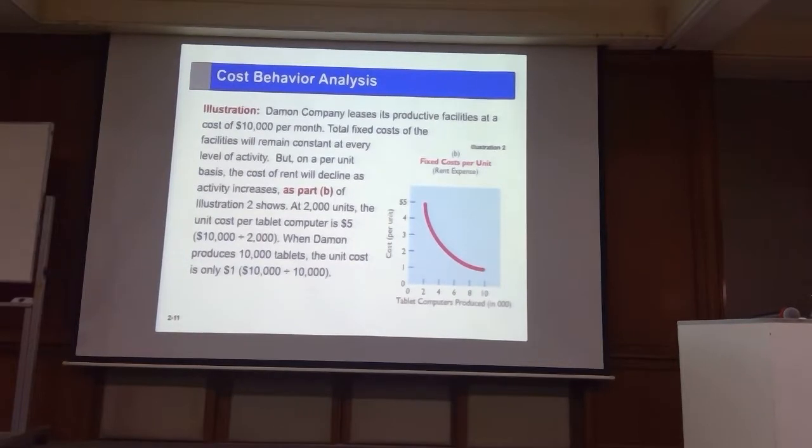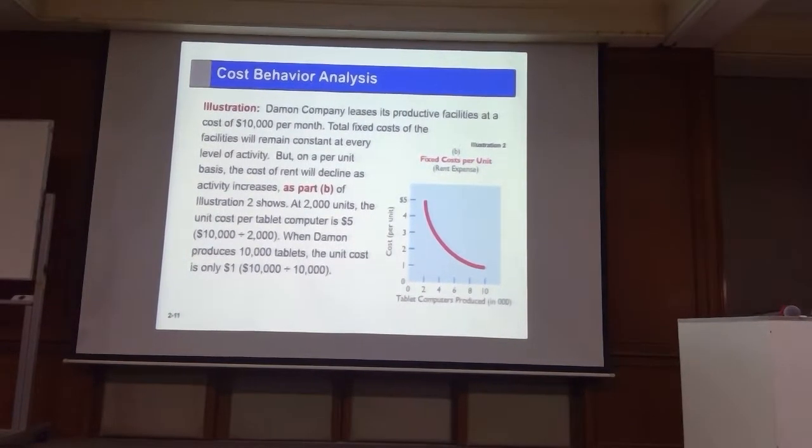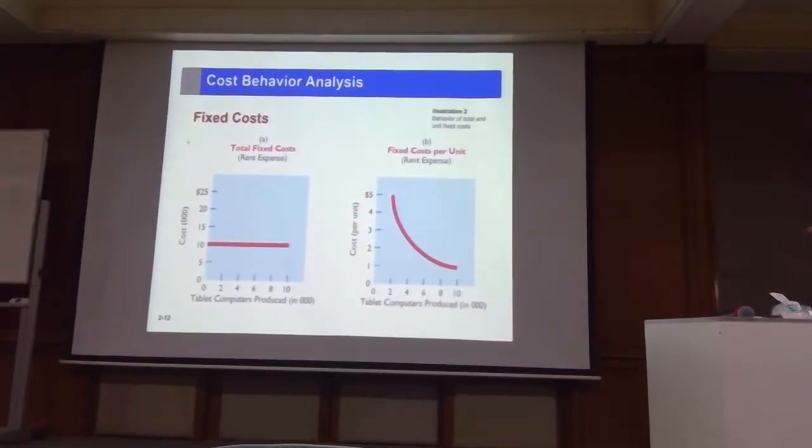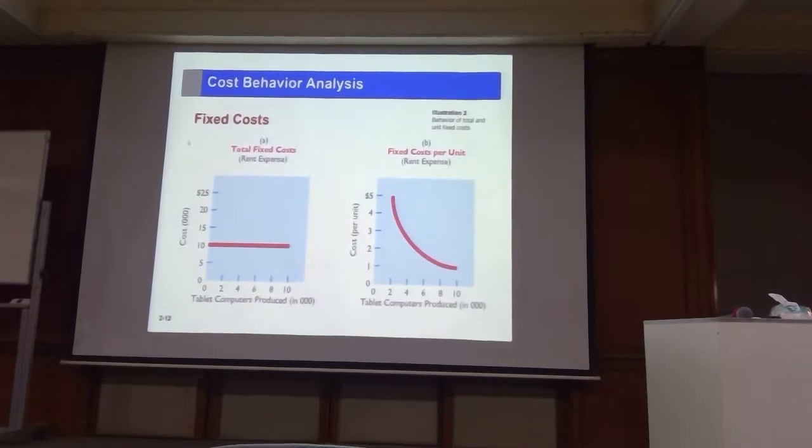As you can see, the more you produce, the less fixed cost per unit will be. So this is our summary again. Total fixed cost remains constant, but fixed cost per unit tends to reduce as you produce more.